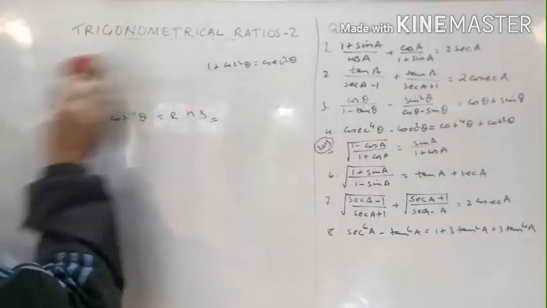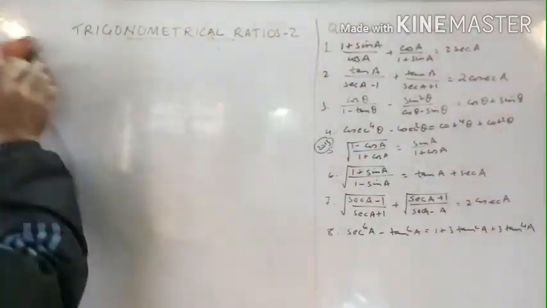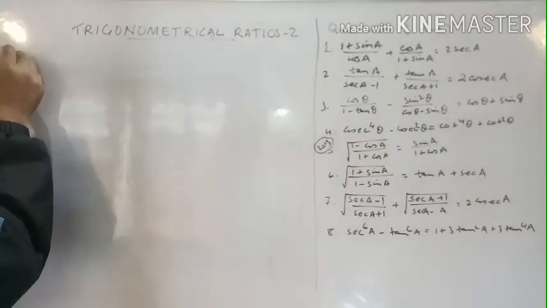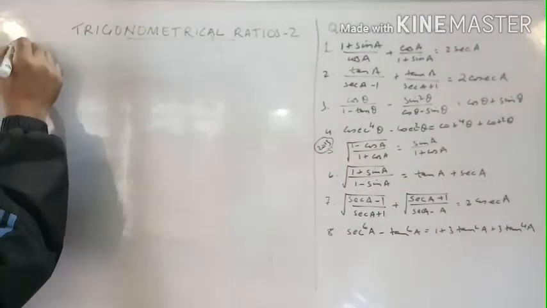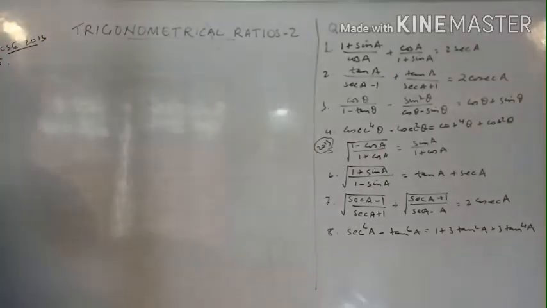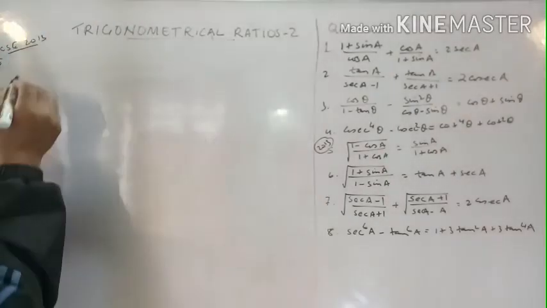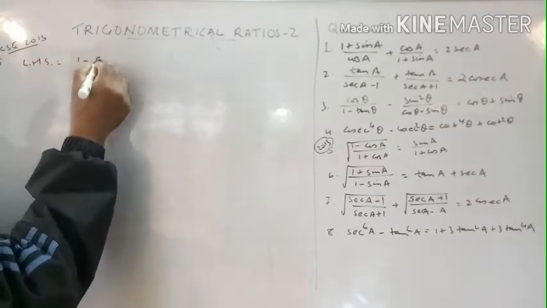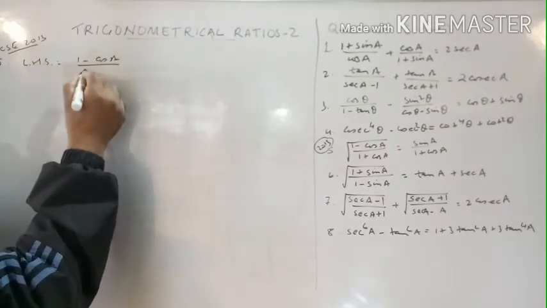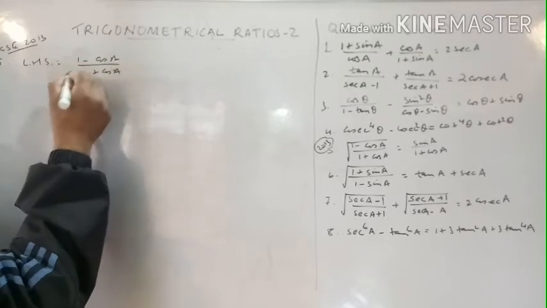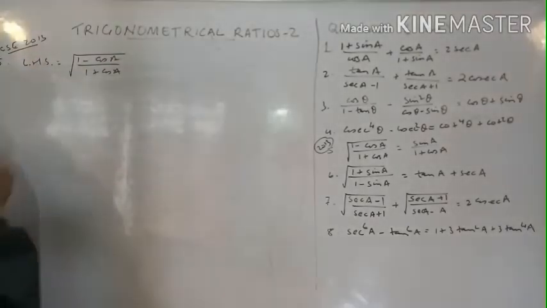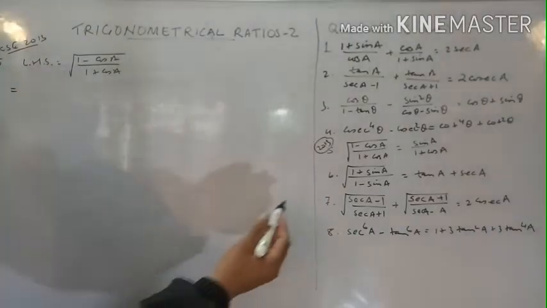Now, question number 5. This is an ICSE question, year 2013. Okay. So LHS, it is root over 1 minus cos A upon 1 plus cos A. Now you see there are two types of problems like this.